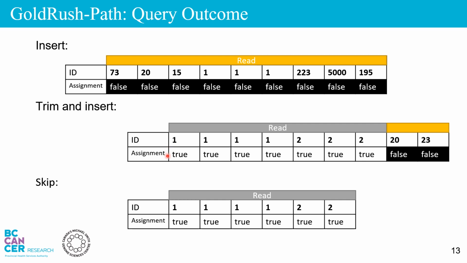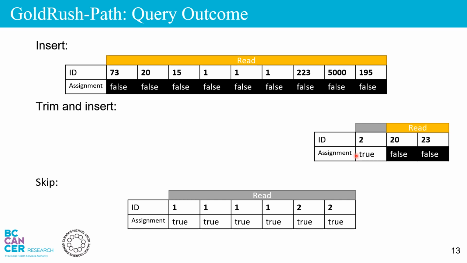In the second example here, we see a mixture of true and false assignments. This means a portion of the read is already found in the golden path. In this case, we want to trim the read until there's a true tile overhang left and insert the trimmed read into the golden path.